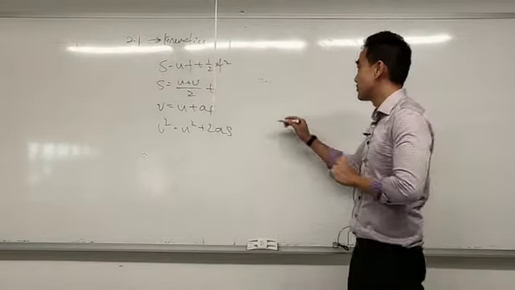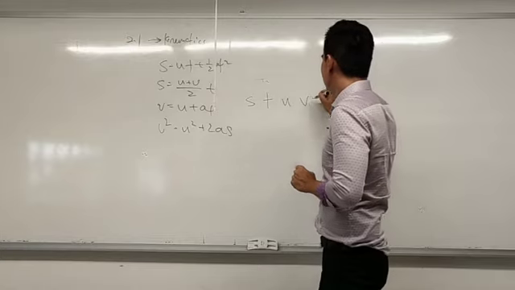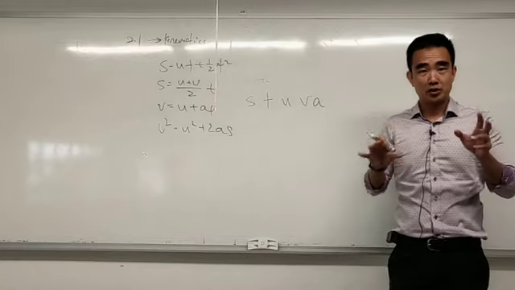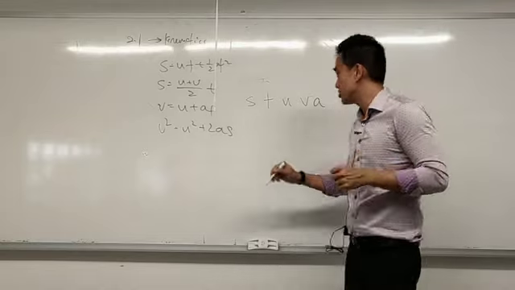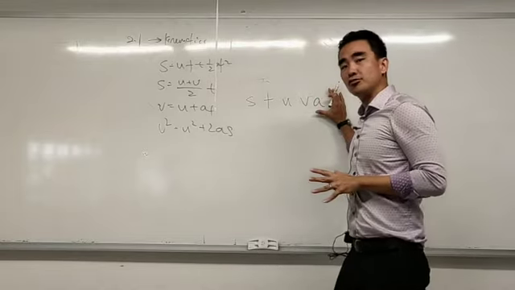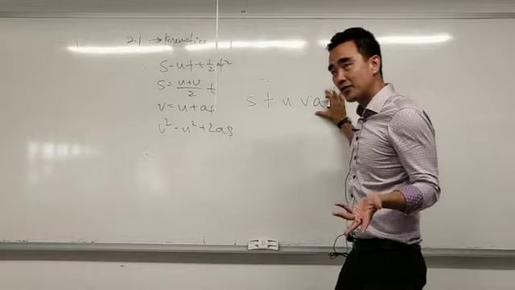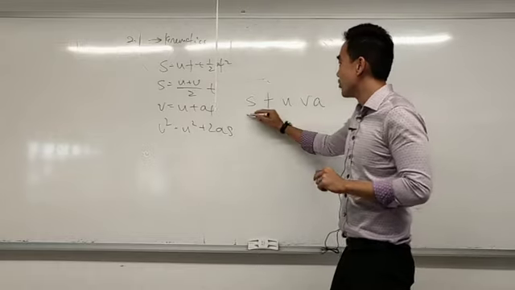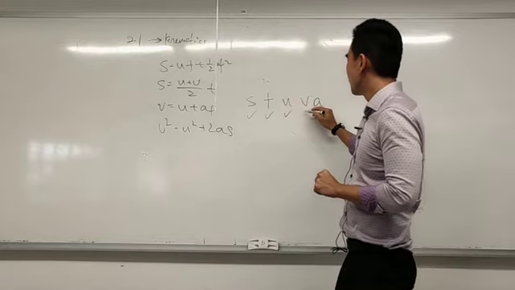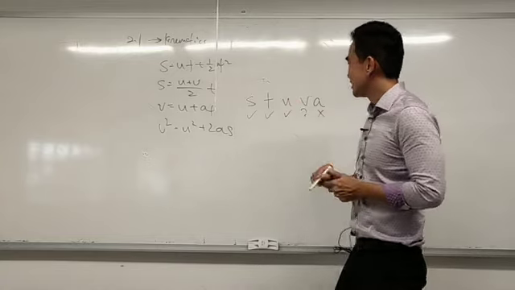Remember that when I went through with you in lessons, SUVAT, usually you have to identify what is known and what is unknown in the question, and usually in an IB question you have one variable that you're either not given or you don't even need to find. So say for example, if you know s, you know t, you know u, you want to find v, but you don't want anything with a.